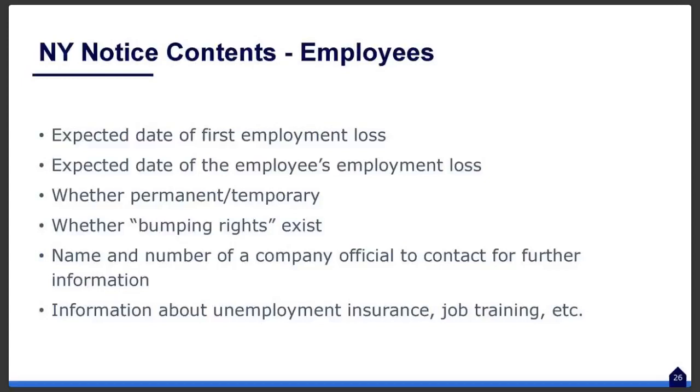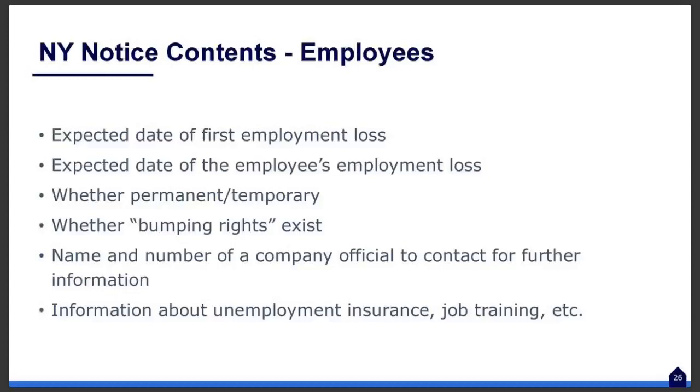The union can't negotiate away your obligation to provide the notices if the law otherwise requires it, however. But you might be obligated in some cases to at least negotiate over the effects of your reduction in force, which you might or might not be able to or need to do before you issue the WARN notices.